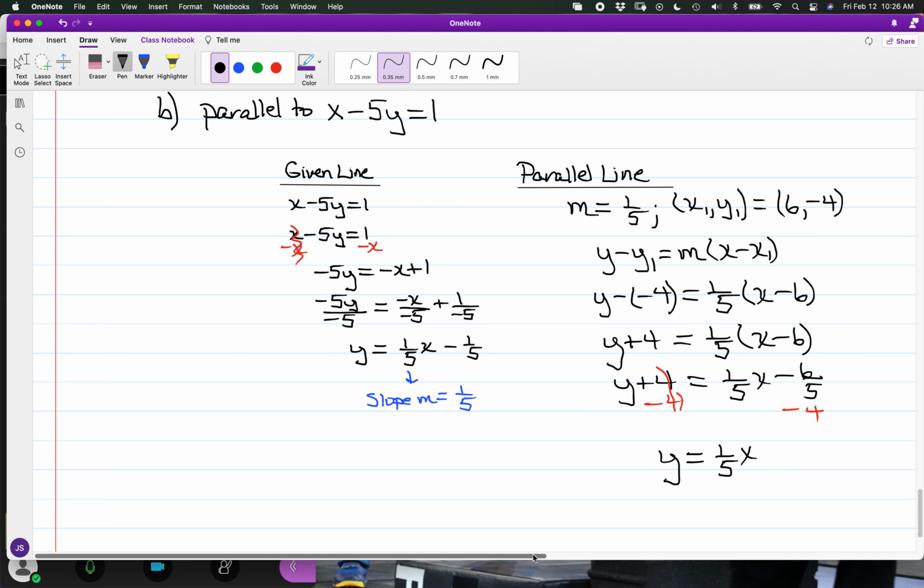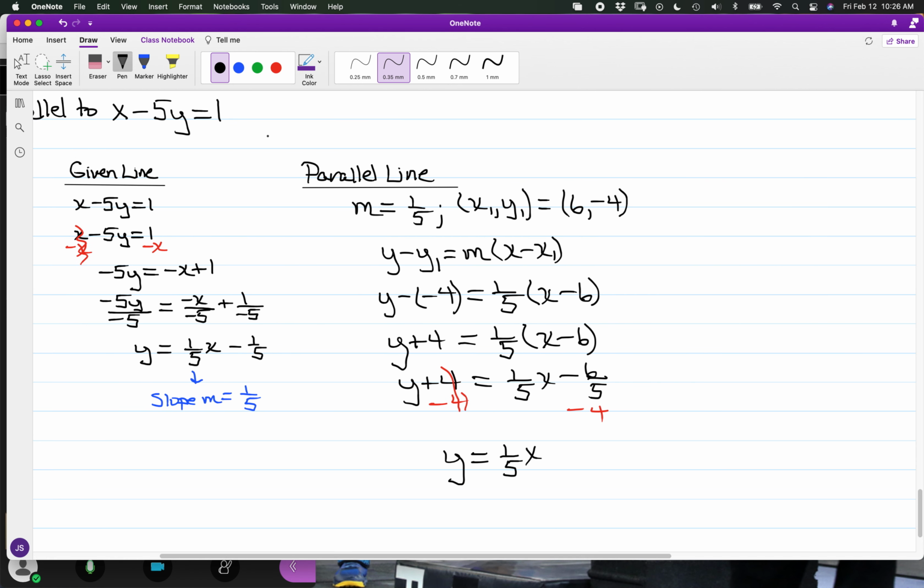Now for the difference that we have with negative 6/5 minus 4, we have negative 6/5 minus 4 over 1, and then raising in terms of the denominator 5, this will become negative 20/5, and negative 6 and negative 20 will become negative 26.